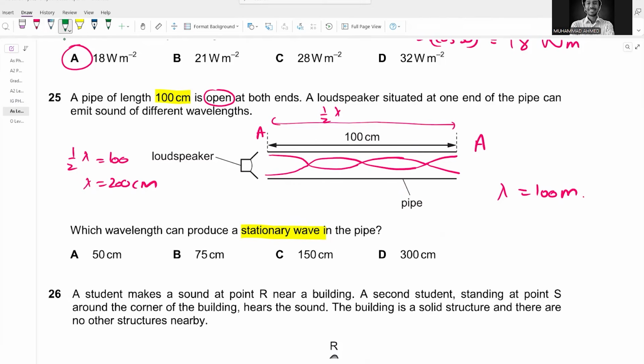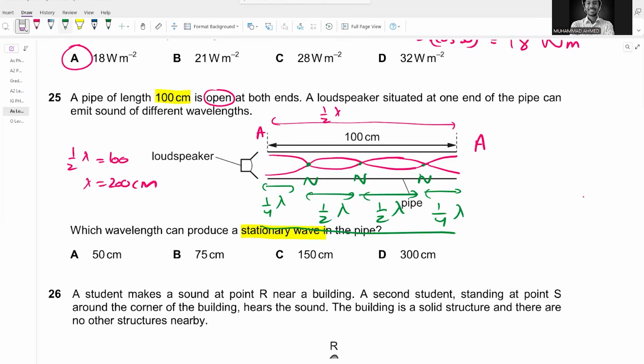This is node, node, node. This is 1 over 4 lambda. This is half wavelength. This is again half wavelength. And this is 1 over 4 wavelength. What will be your total wavelength now?